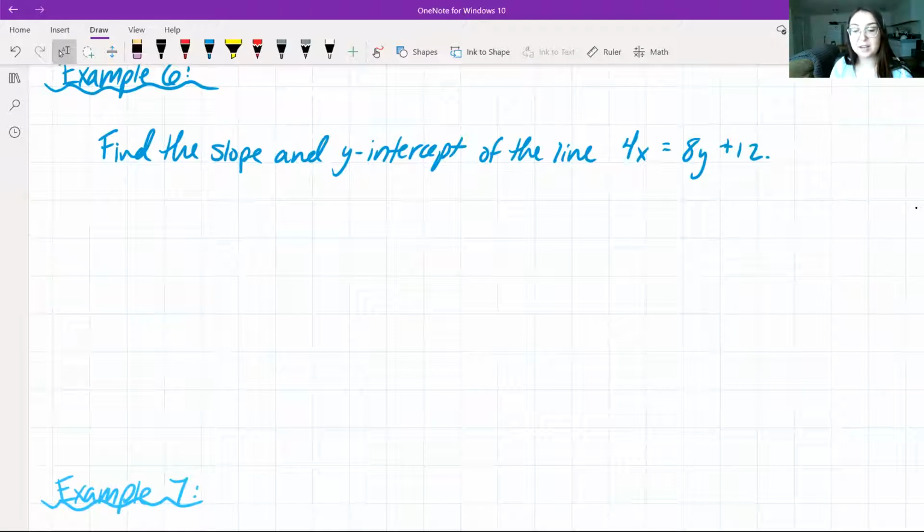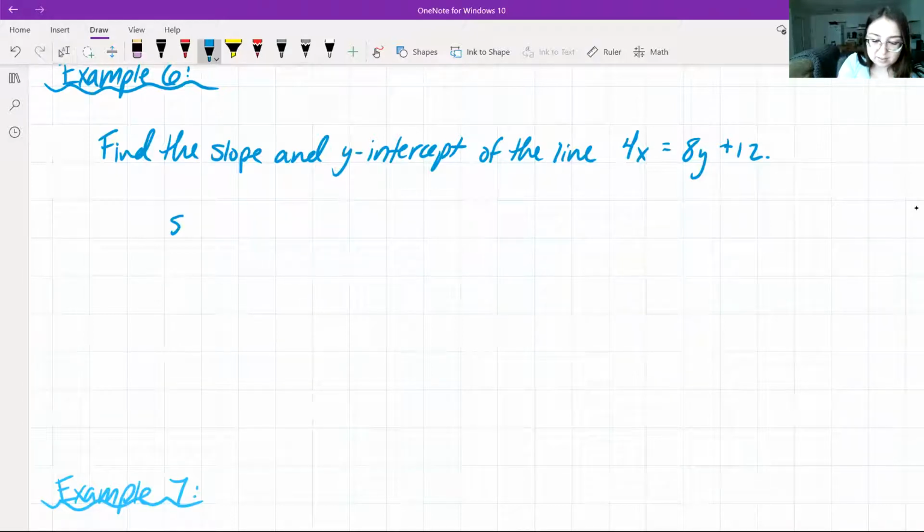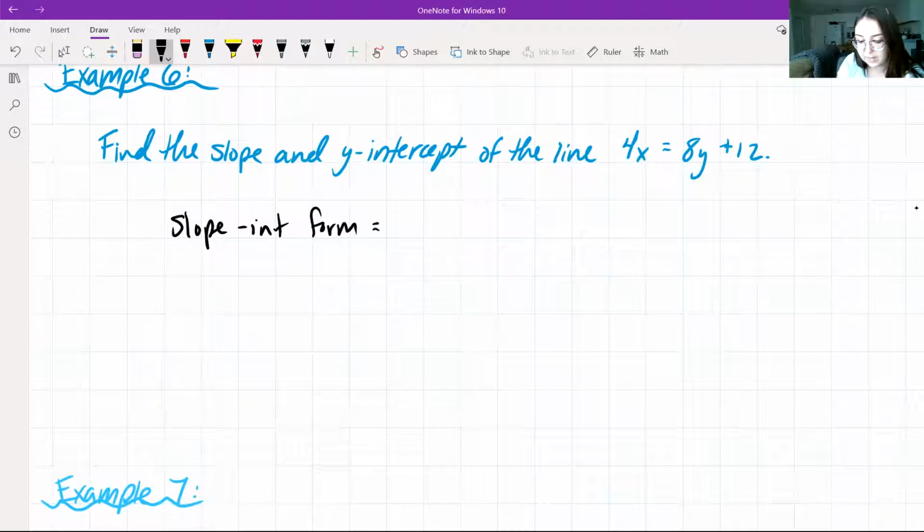Since all we need is the slope and the y-intercept of this line, and we know that slope-intercept form gives us that. So let's just put in slope-intercept form. We know that slope-intercept form is just y is equal to mx plus b.